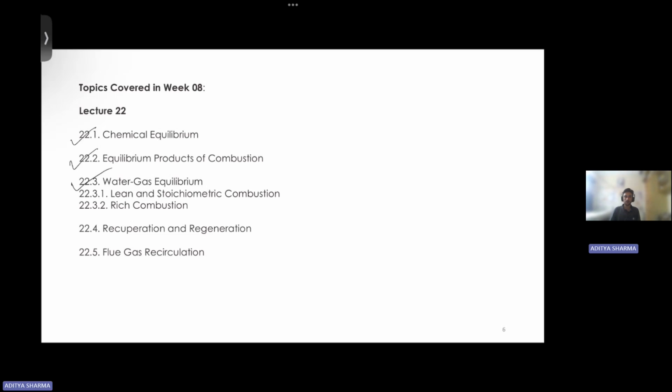And how this water gas equilibrium is important in such scenarios, discussion has been done around this in this topic, right?